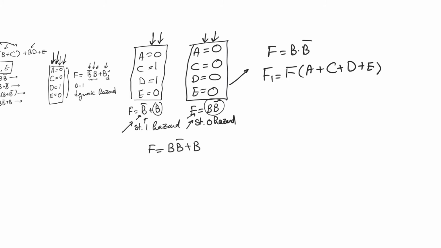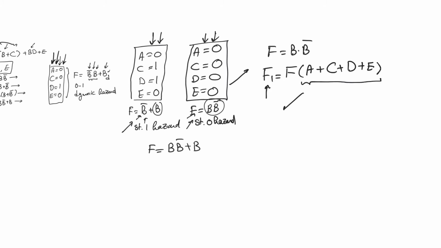So when a, c, d, and e are equal to 0, this bracket is equal to 0, and it forces the value of f1 to be 0, regardless of the value of b. Now, for any other combo of a, c, d, and e, this bracket is equal to 1, and f1 will be equal to f.